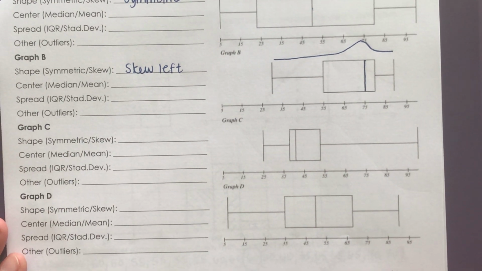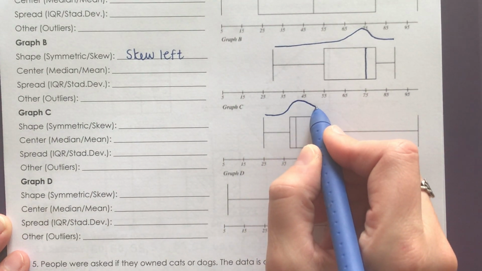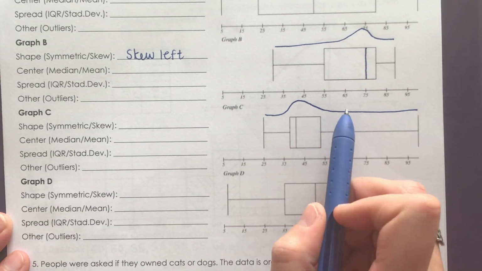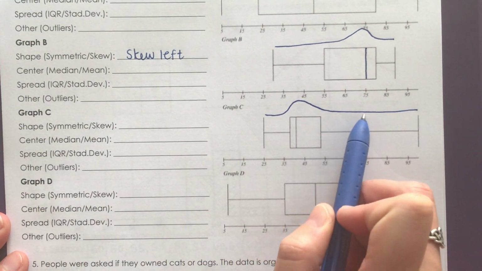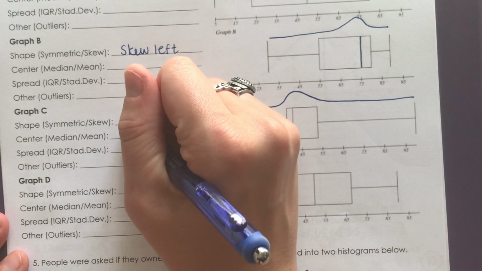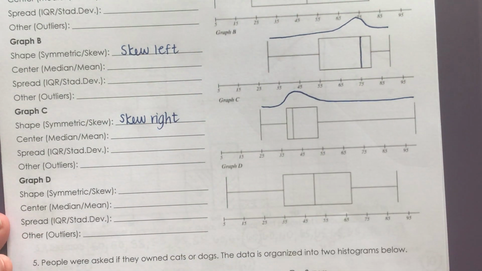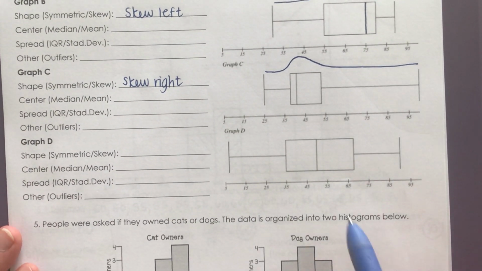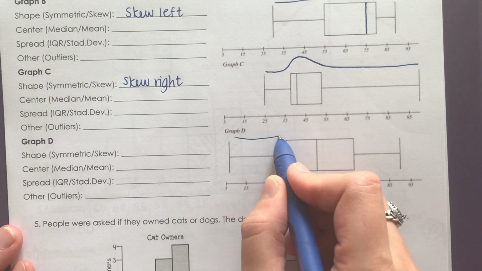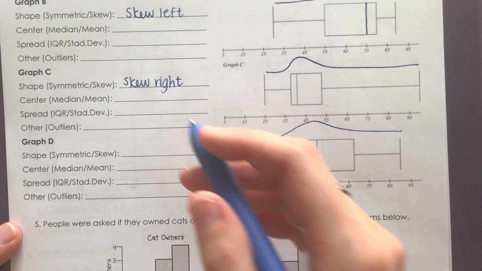In graph C here, it looks like my hump goes up here, comes down, and then I've got a really, really long tail over here on the right. So because I have such a long tail on the right, it is skewed right. Okay, last one. It kind of looks like this is almost right in the center, doesn't it? It looks pretty symmetric to me.